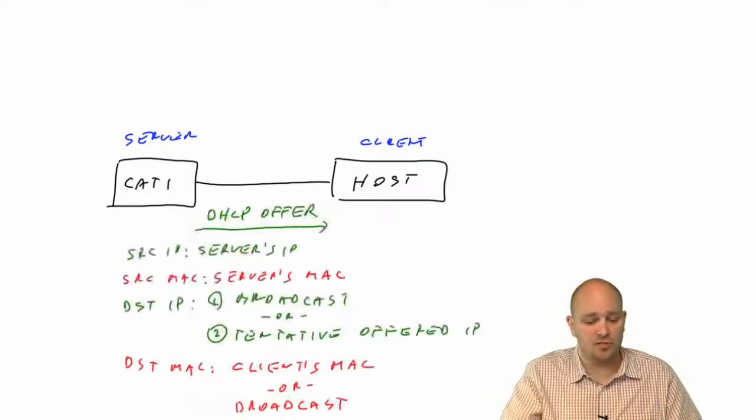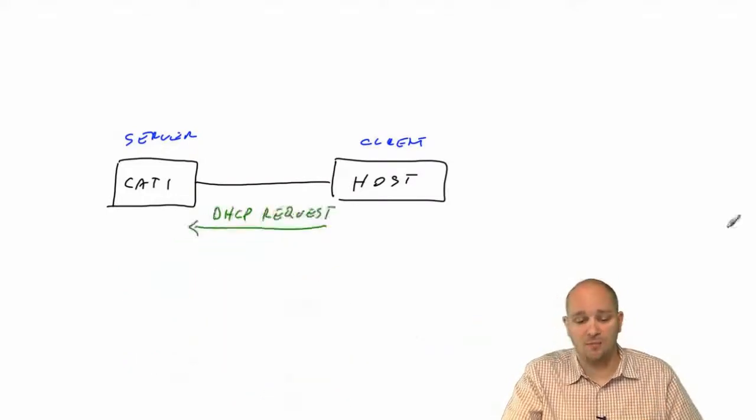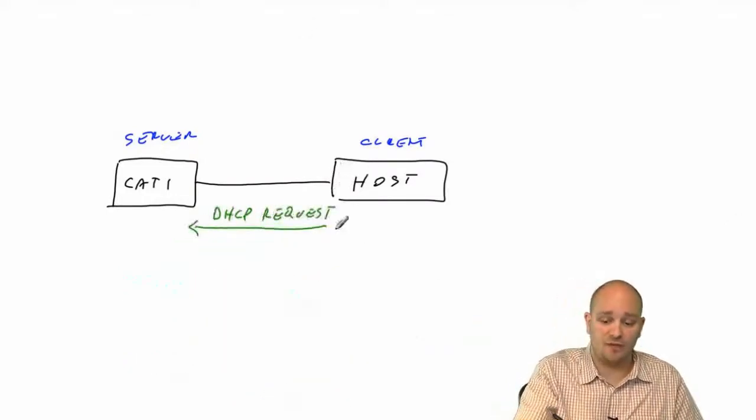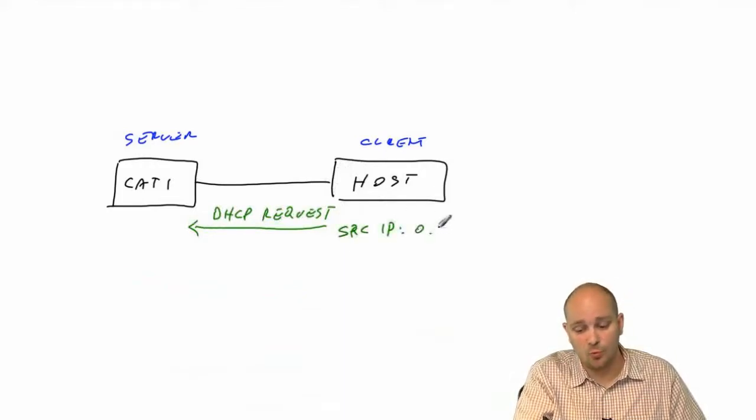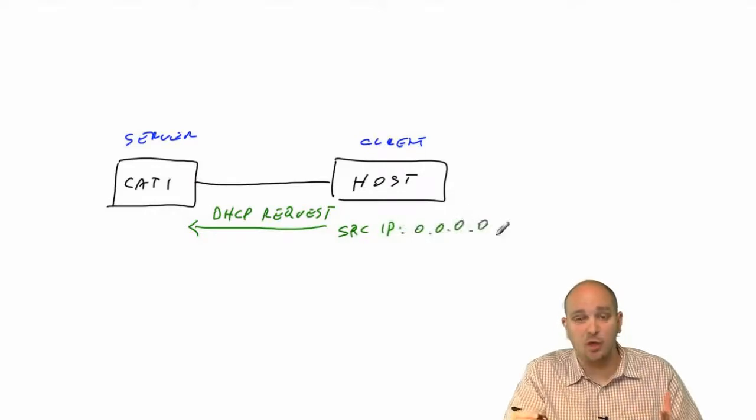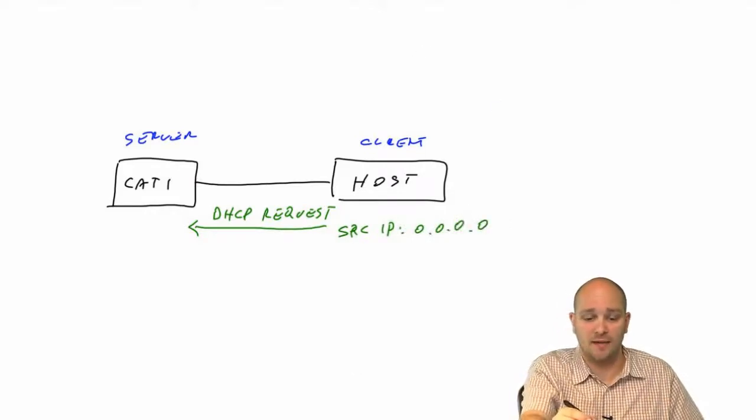Just like in the previous example, the source IP address of this traffic is going to be 0.0.0.0, because this IP address that we have been offered is still not in use by the client.